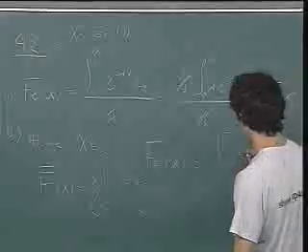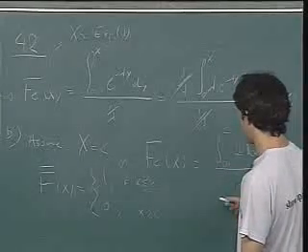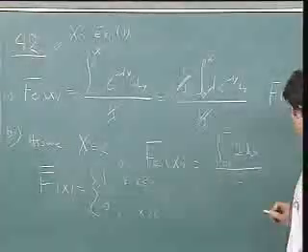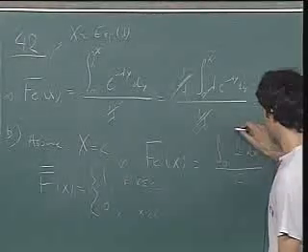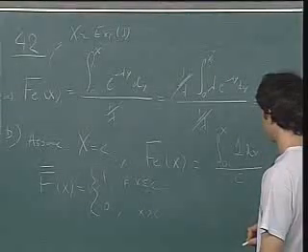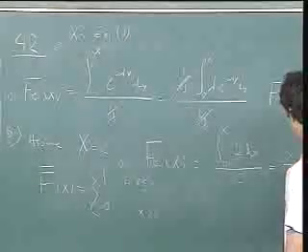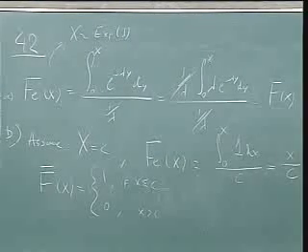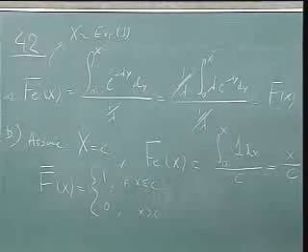So we end up integrating 1 from 0 to x, and of course the mean value is just c. So we get x over c. In other words, the distribution here is uniform from 0 to c.